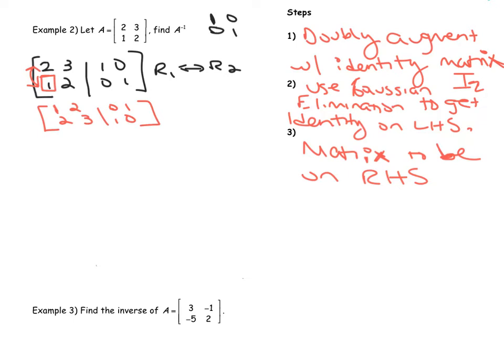Okay, now our next step is we want to turn this 2 into a 0. So the way that we're going to do that is we're going to multiply the first row by -2 and add it to the second row to get our new second row.